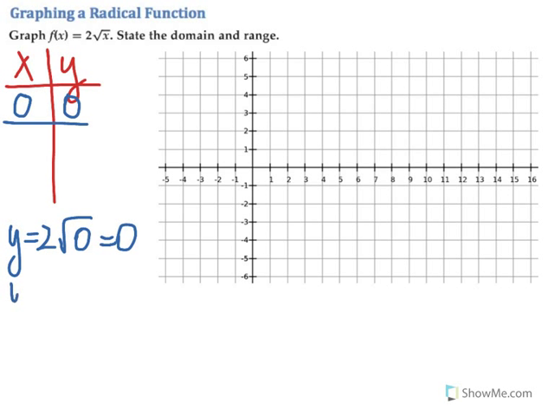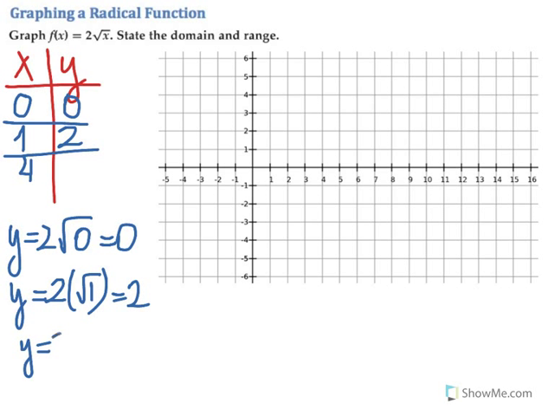For x is 1, y will be 2 times square root of 1, which is 2, because square root of 1 is 1, 1 times 2 is 2. Now I'm going to choose x to be 4, so for x is 4, y is 2 times the square root of 4, which is 2 times 2, which is 4.